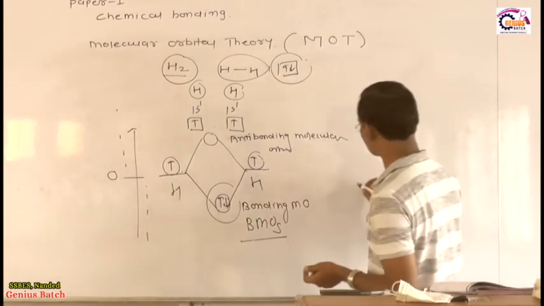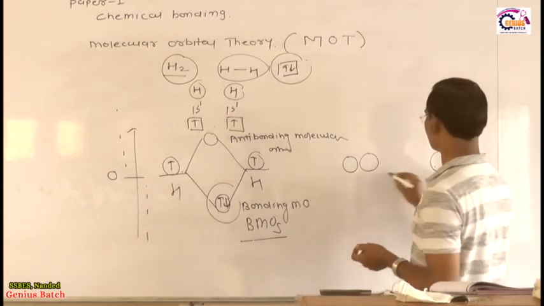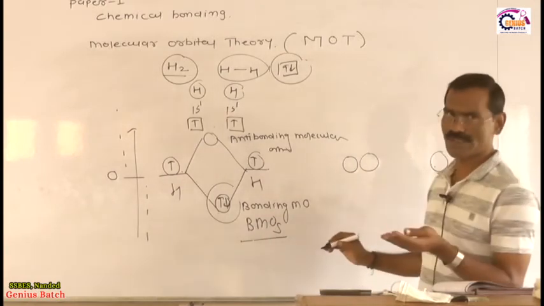Now suppose dear students, we have 2 atomic orbitals. Then these 2 atomic orbitals give 2 molecular orbitals.